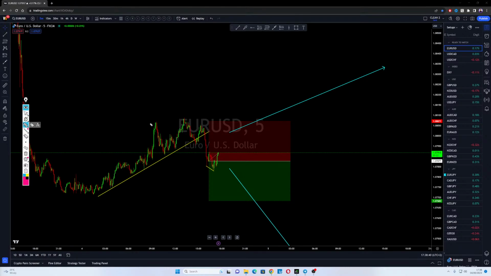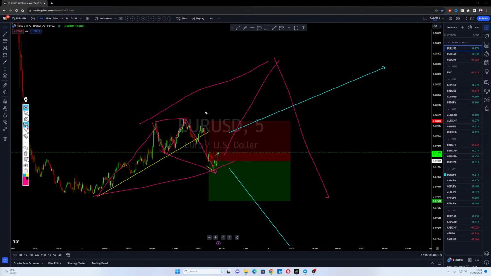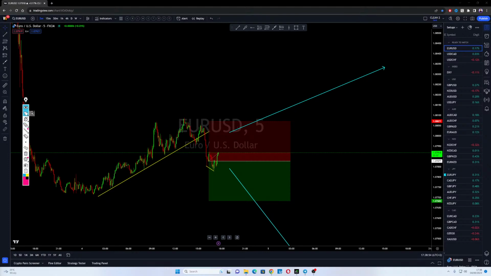This could become the expanded flat, and we'll go into this kind of correction, and then this will start dropping once this all will be finished. But this will be tomorrow's movement, probably.